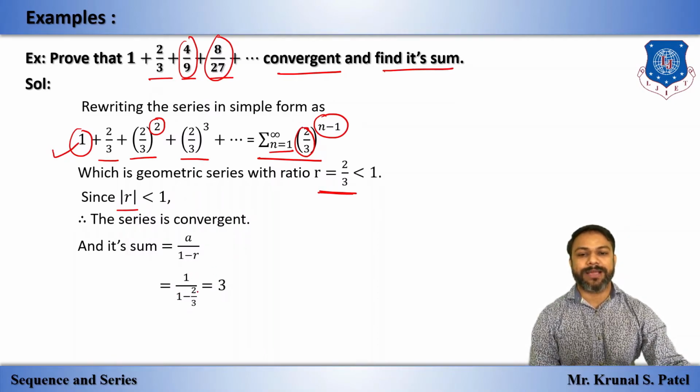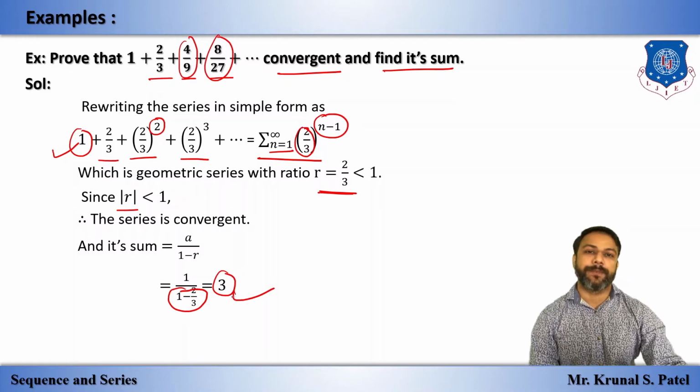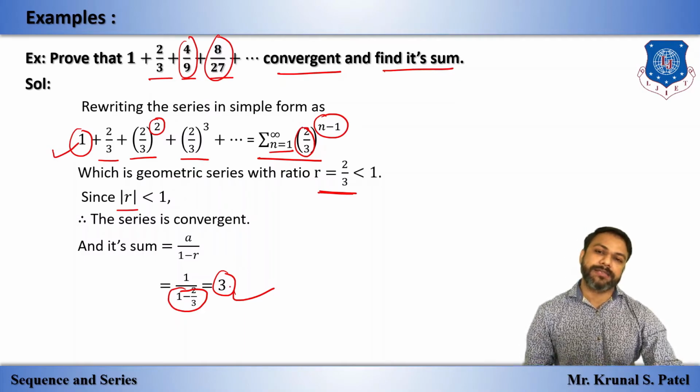So 1 upon 1 minus 2 by 3. By taking the LCM, we get 3 minus 2 by 3, that means 1 by 3, and 3 goes to the numerator, so 3 ones are 3. This is our sum of the series. If it is convergent, we can find its sum; if it is divergent, we cannot find its sum.